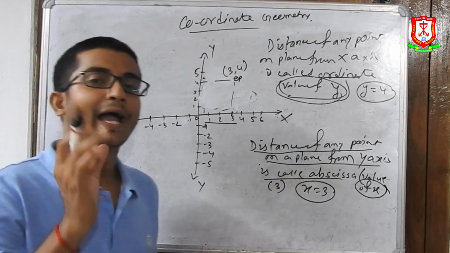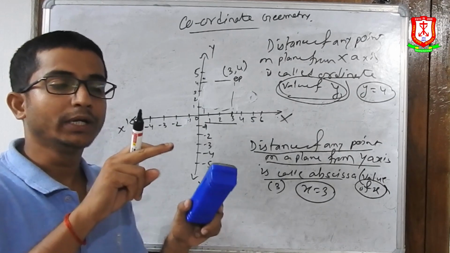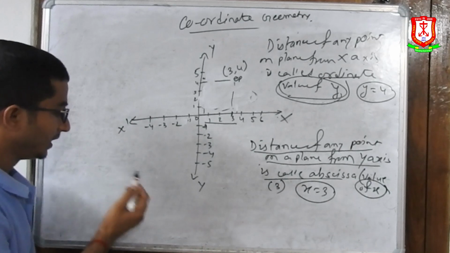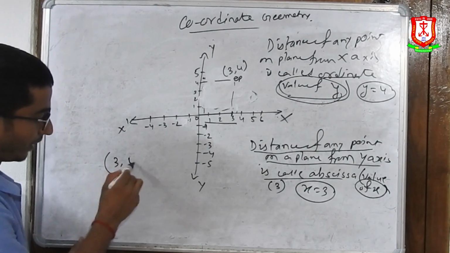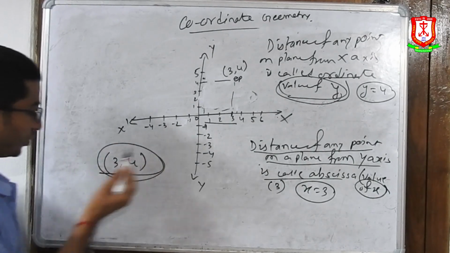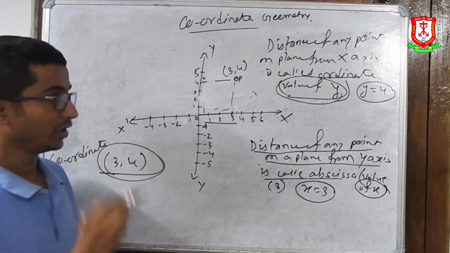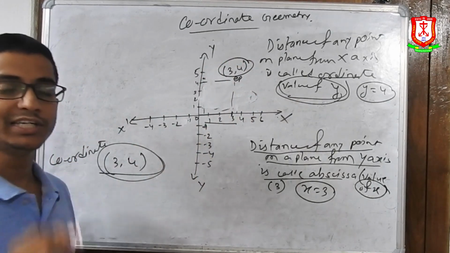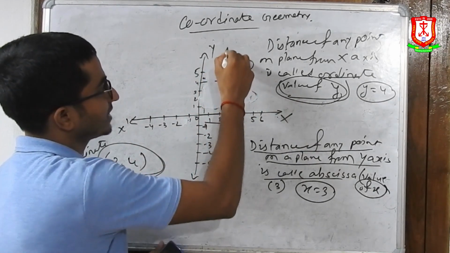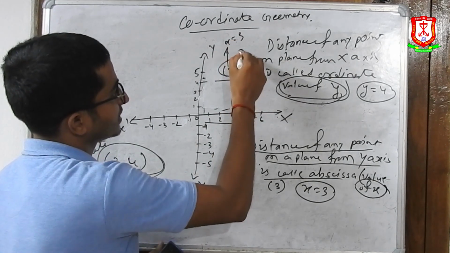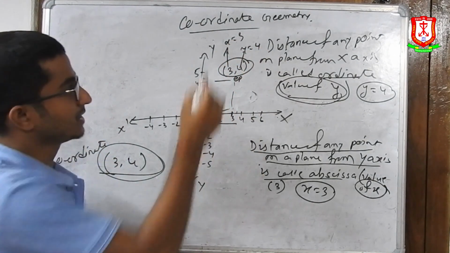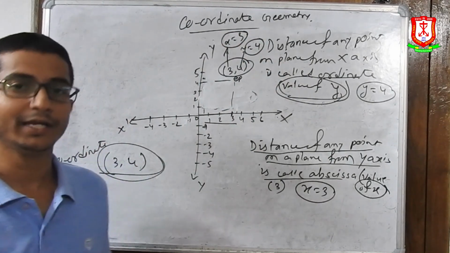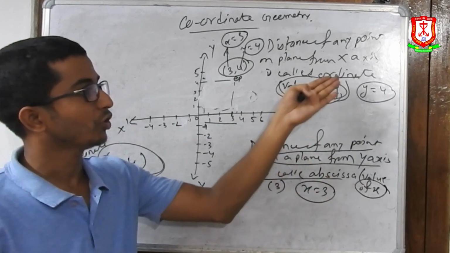When abscissa and ordinate are put together in brackets, separated by a comma, as (3, 4), these two together are called the coordinates. The coordinates of point P are (3, 4), where 3 is the value of x, the abscissa, and 4 is the value of y, the ordinate.